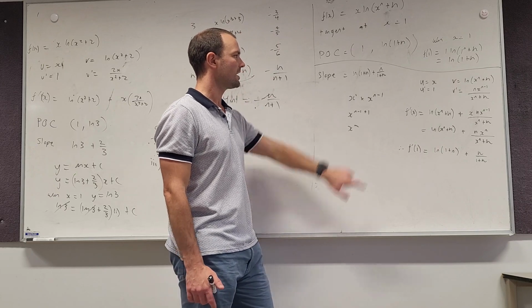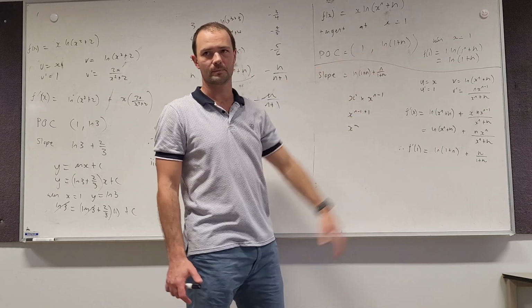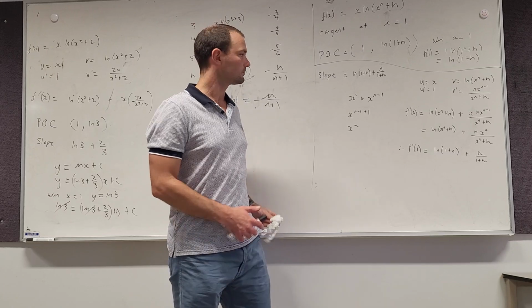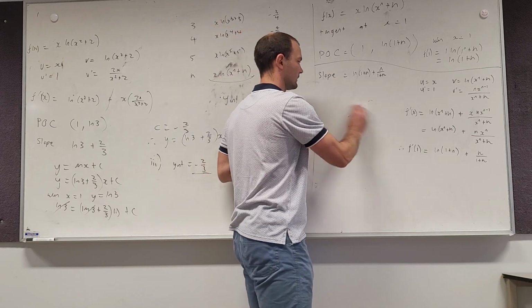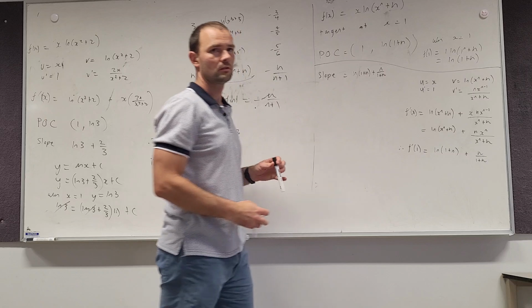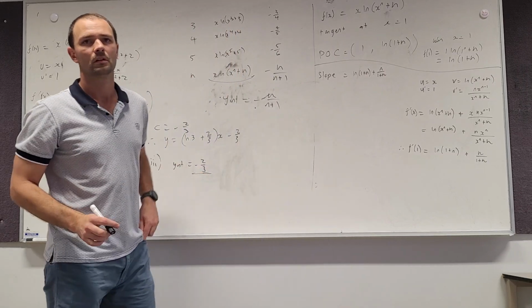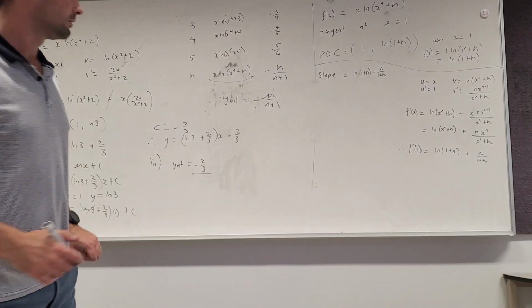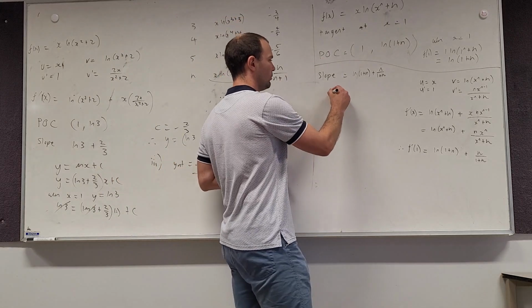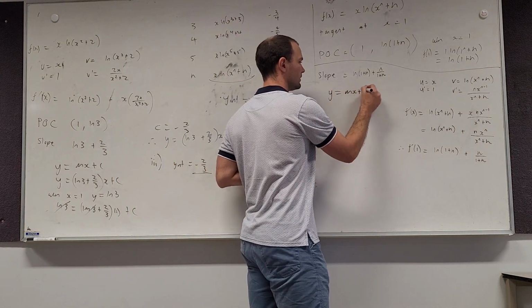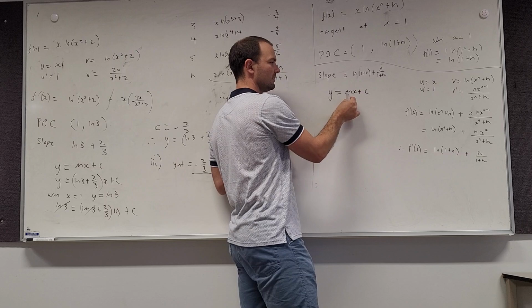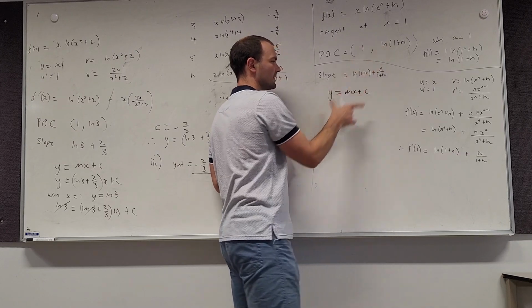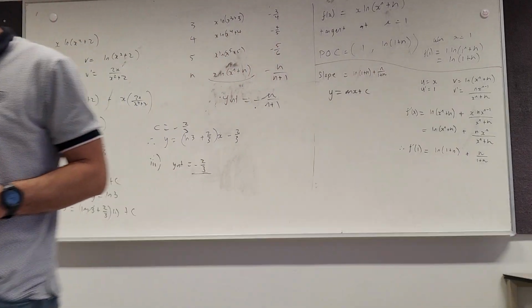All right, so a tangent, that's its slope, that's its point of contact. So start y equals mx plus c, put your m in, and then put the point of contact in to solve for c. That's what you're trying to show.